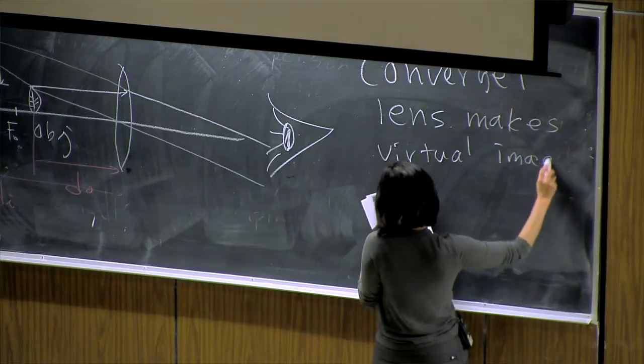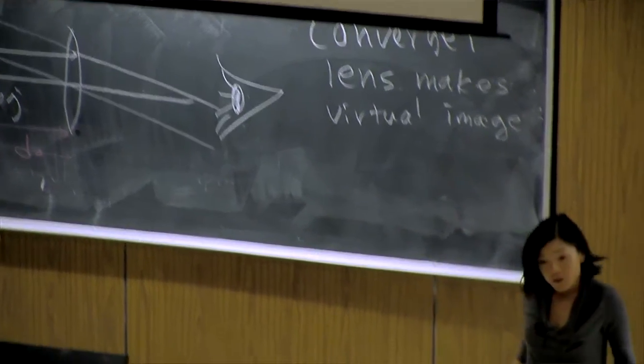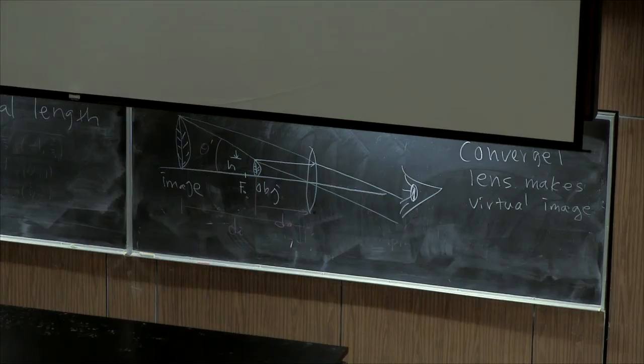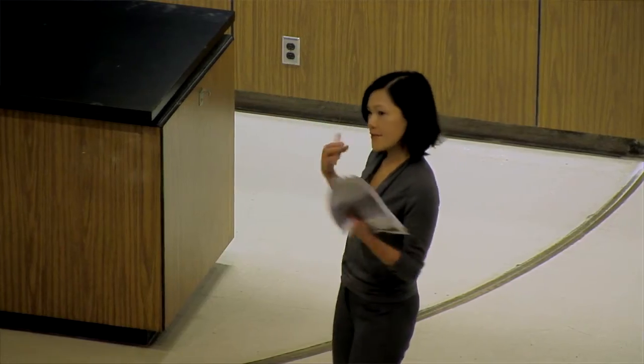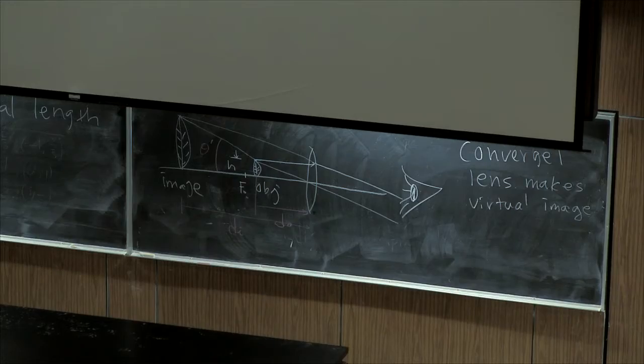And in order for the eye to focus, this image must be at least 25 centimeters away from the eye. And suppose your eye is relaxed, then where does the image form? It will be at infinity.